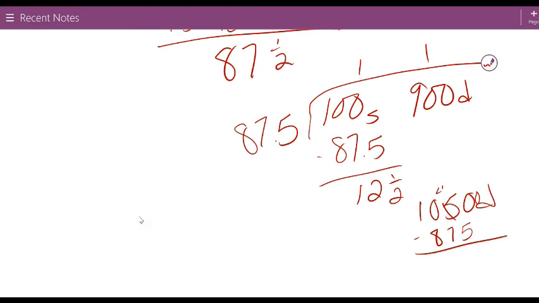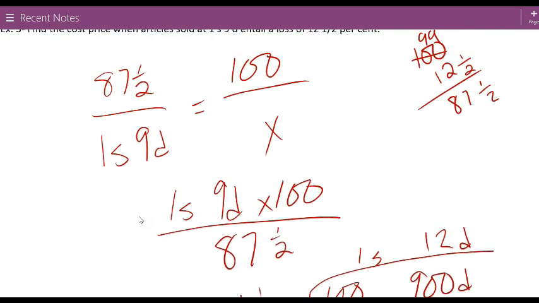So we work through the division, bring down our 0, and that gives us 1 shilling and 12 pence.